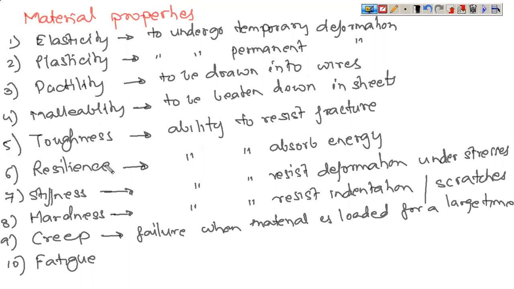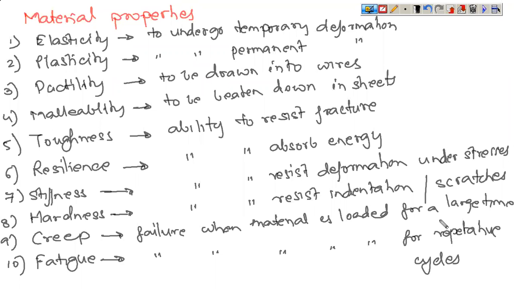So that is creep. And fatigue is failure when the material is loaded for repetitive cycles. Repetitive cycles means you have fluctuating stresses, sometimes compressive, sometimes tensile, which are being continuously applied over time.